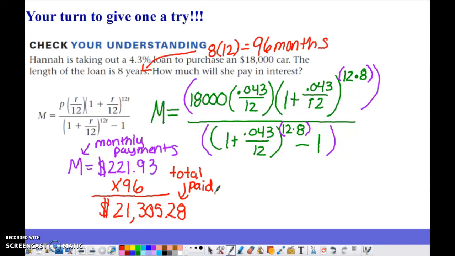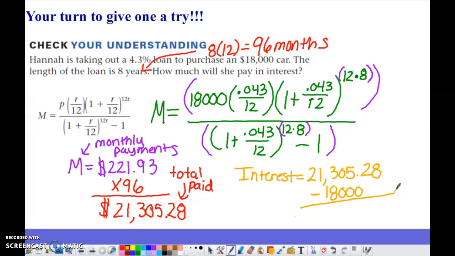over 8 years. However, this problem asks for the interest. So how much did she pay in addition to what she just borrowed? So we have to take how much she totally paid to find our interest. So that's $21,305.28 minus $18,000 that she borrowed.